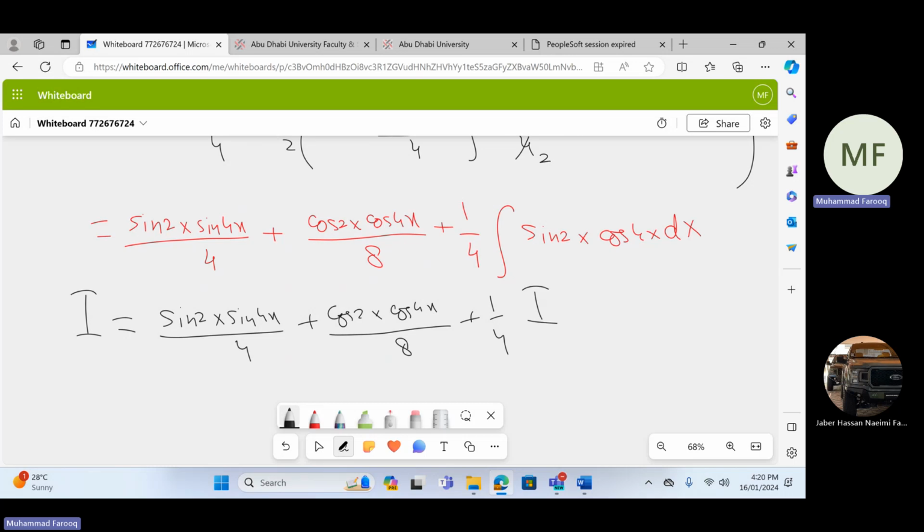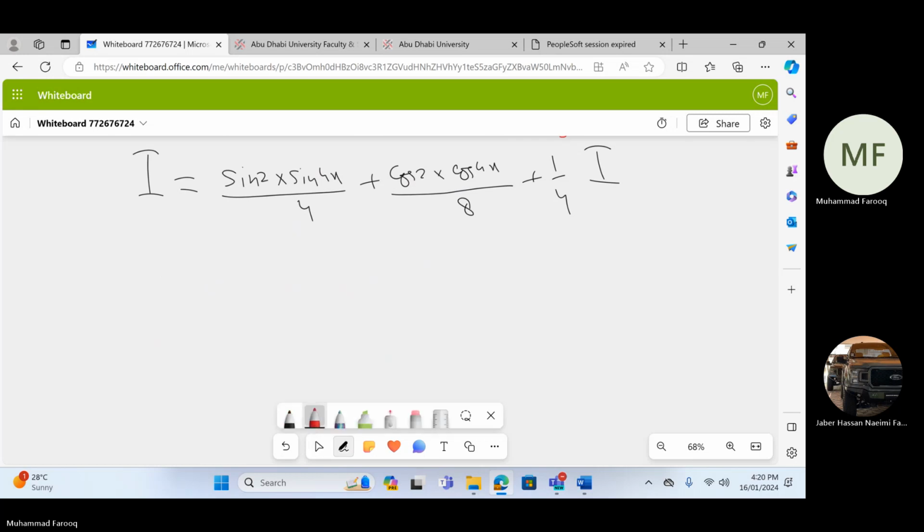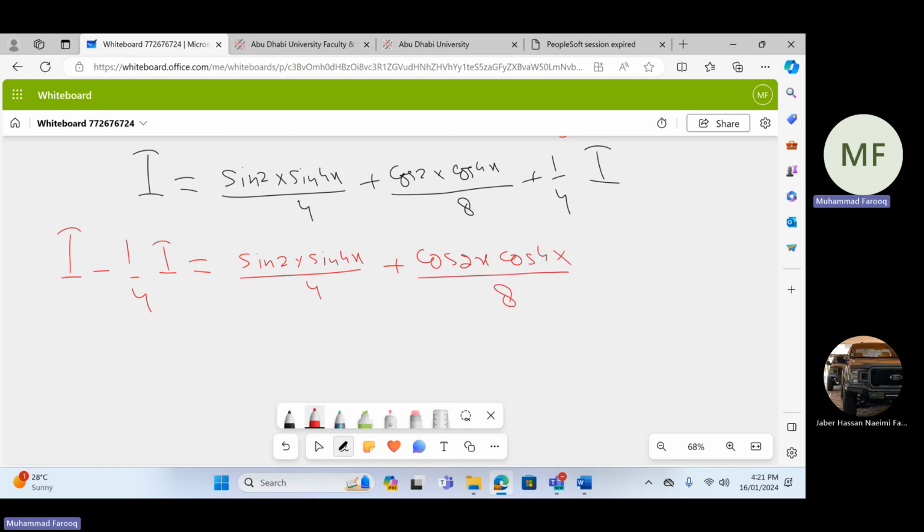Now we should shift this to the other side. Exactly. So shift this 1 by 4 I to the other side. When you move here, it becomes I minus 1 by 4 I. And this one, you can just copy paste. Sine 2x sine 4x over 4 plus cosine 2x cosine 4x over 8, and plus c.